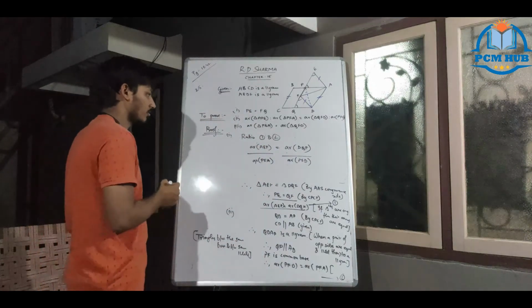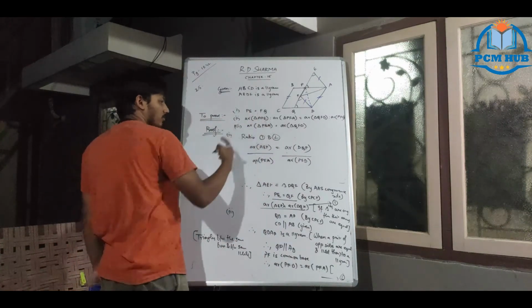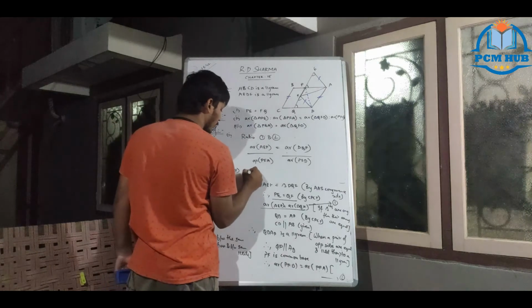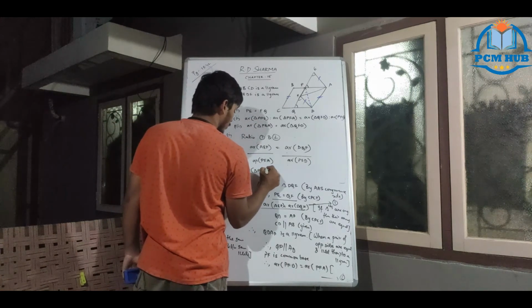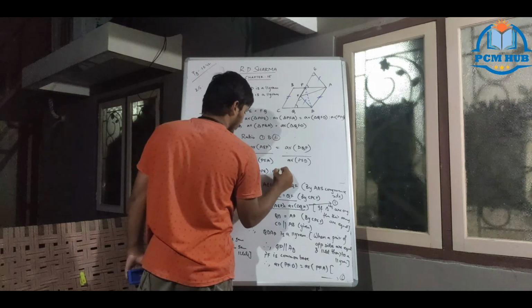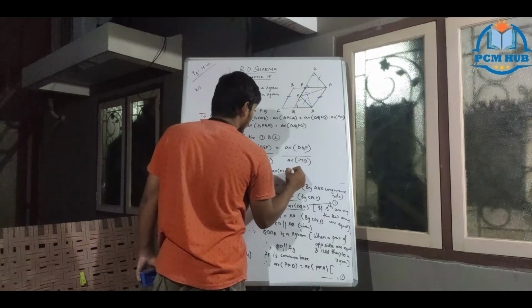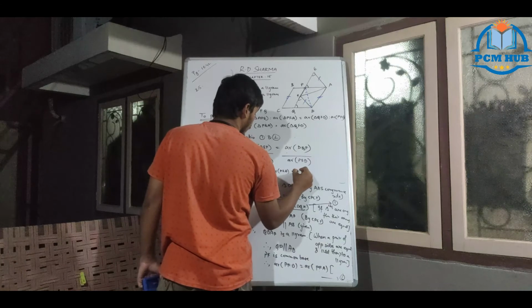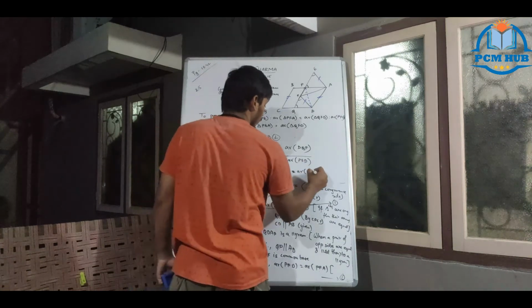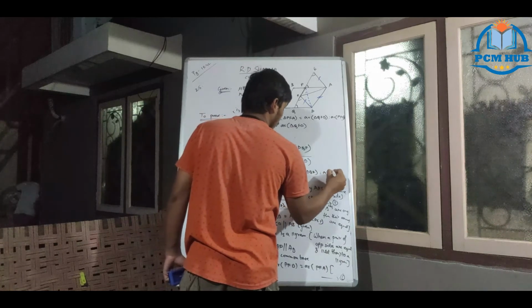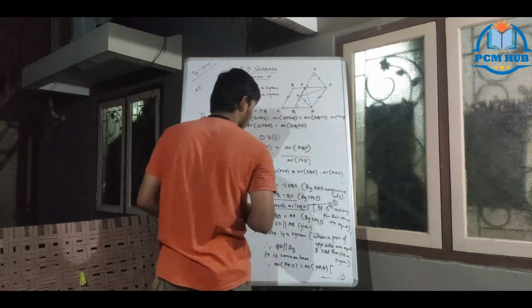Therefore, area of triangle APE is to area of PFA equal to area of DQF is to area of PFA. This is what we do.